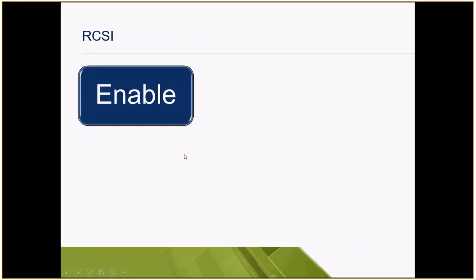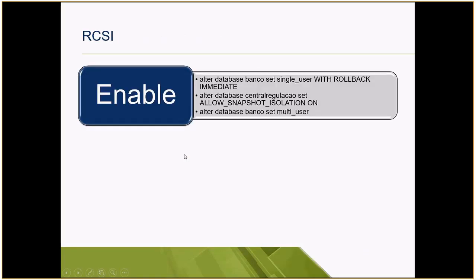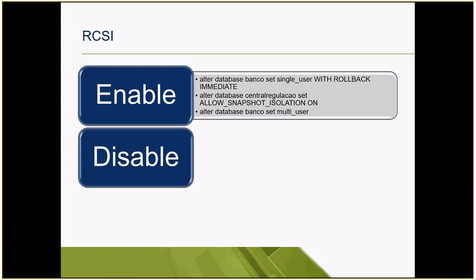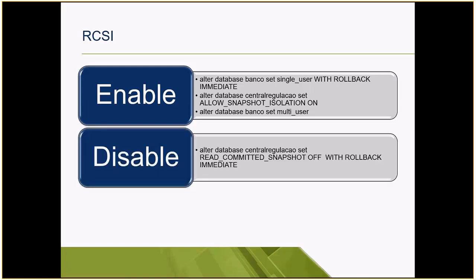So to enable RCSI, we need to set the database to single user and then enable snapshot isolation level on the database. To disable, we disable the read committed snapshot.